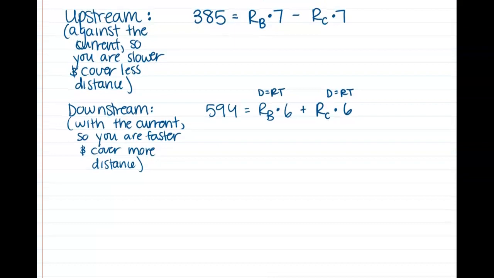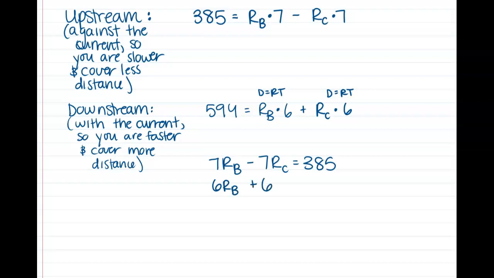So we know that 7 times the rate of the boat minus 7 times the rate of the current equals 385, just changing the order a little bit. And 6 times the rate of the boat plus 6 times the rate of the current equals 594. And there's our system.